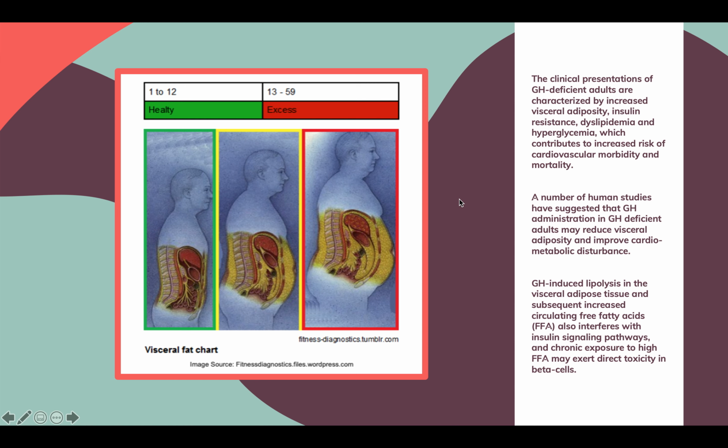And growth hormone-induced lipolysis in the visceral adipose tissue and subsequent increased circulating free fatty acids also interferes with insulin signaling pathways, and chronic exposure to free fatty acids may exert direct toxicity in beta cells.